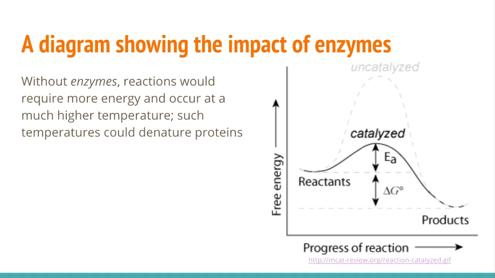So it would be very dangerous to have such a high temperature for all of these reactions, and that's where enzymes come in. And you can see on this graph here, the amount of free energy used is much less in a catalyzed reaction than in an uncatalyzed reaction, and that's a very important thing for organisms to have.